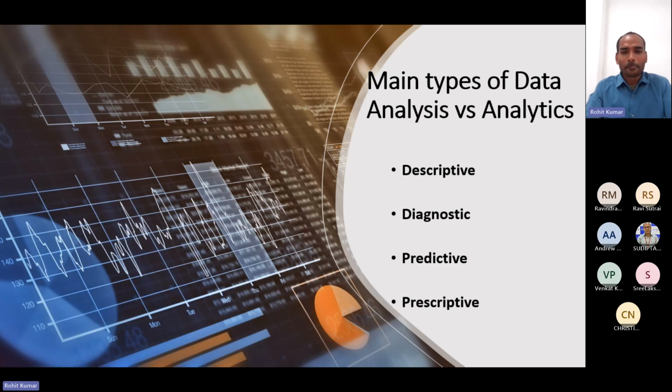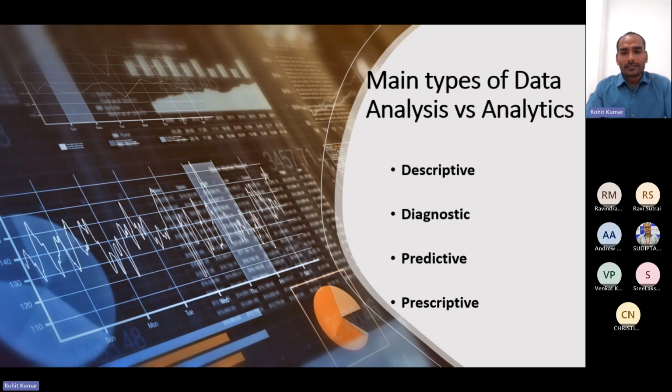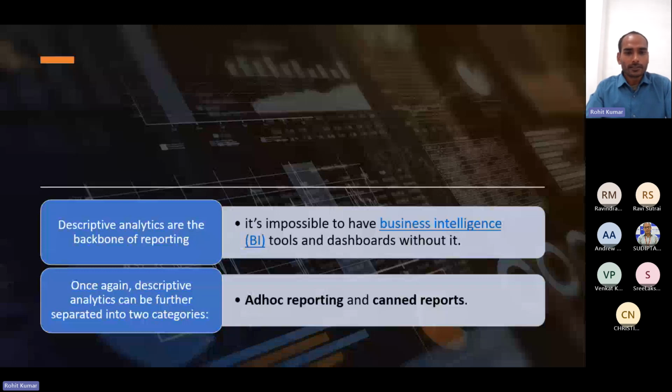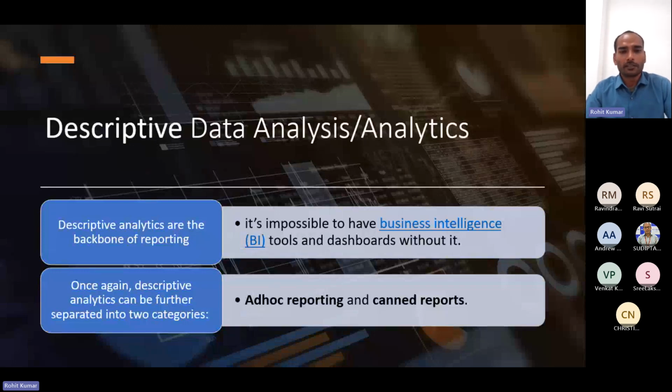So discussing the first one, moving further, we have descriptive data analysis. As the name itself says, we are trying to describe something. That's why it is the backbone of reporting. And it is important to have it to do the right sort of business. We should not say intelligence, actually.